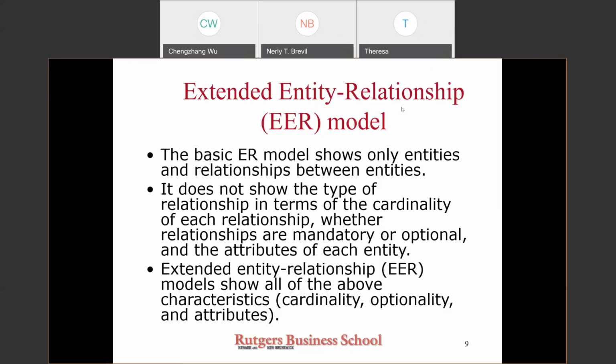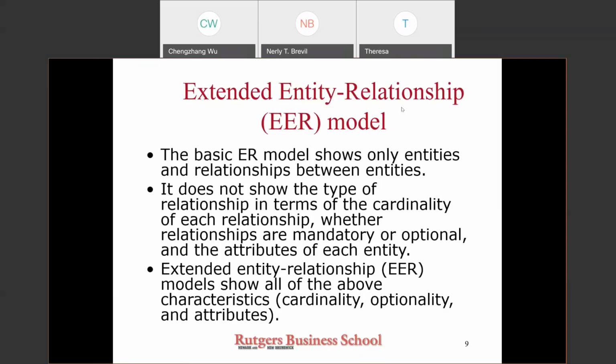So the basic ER diagram in the previous slides, showing the managers supervise professionals, doesn't show whether a manager supervises one or many professionals, or whether a professional is supervised by only one or more than one managers.